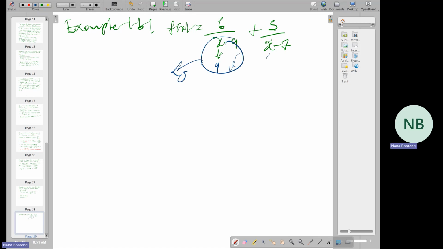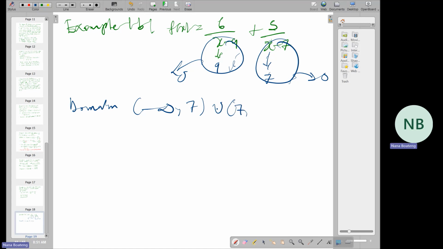Or if x is equal to 7, the denominator here will also evaluate to 0, which will make the function undefined. So the domain has a restriction on 7 and 9. 7 and 9 cannot be part of the domain. So the domain of this function is from minus infinity to 7, union 7 to 9, and union 9 to infinity. All right, so these cannot be part of the domain.